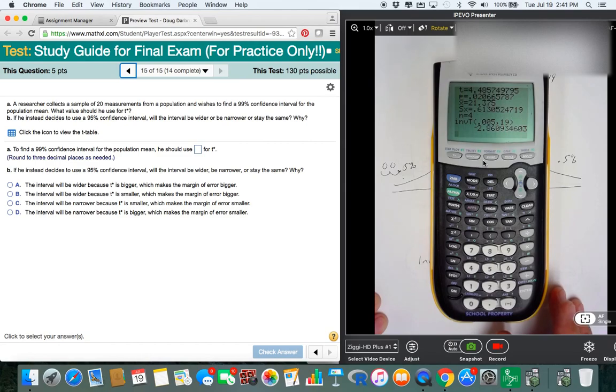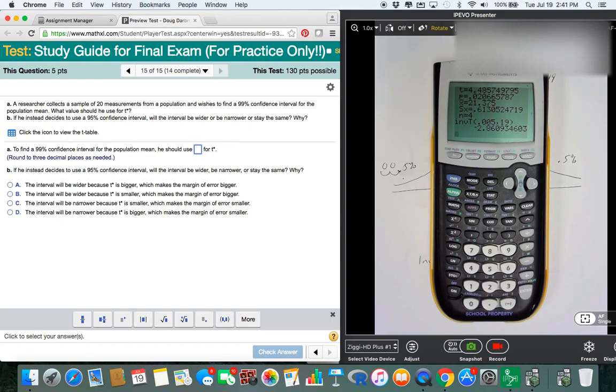So our t star, going to 3 places, would be 2.861. If he decides to use 95% or less, well guys, 95% is less confidence, so our t star is going to be smaller, which will make the margin of error smaller.